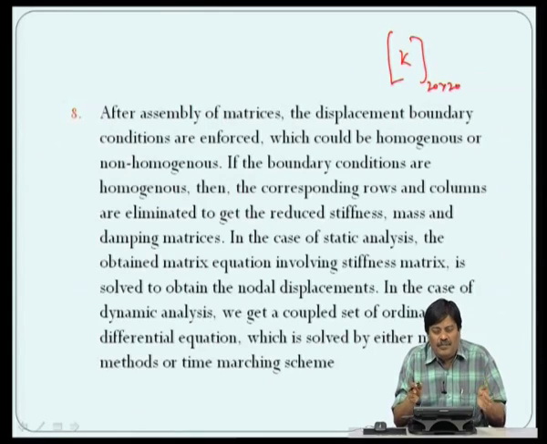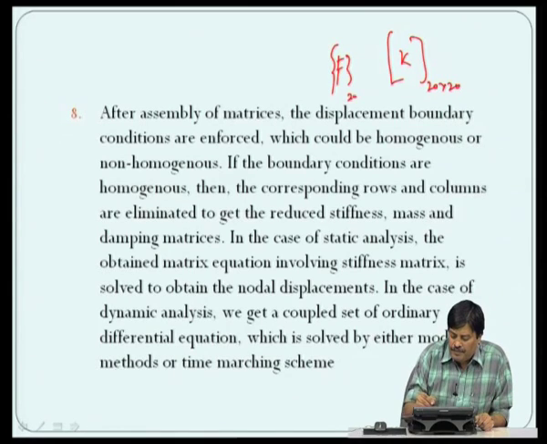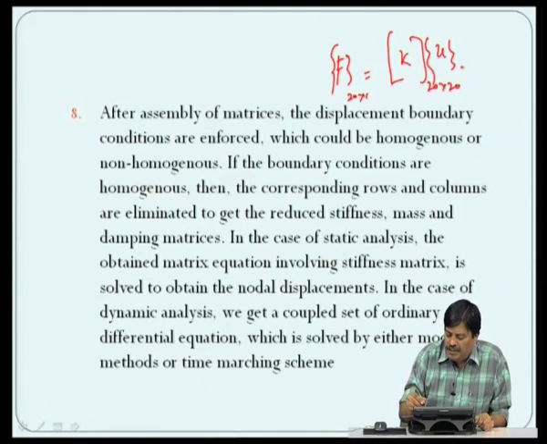In that 20 degrees of freedom, you cannot solve it without applying the boundary condition, because this matrix will be singular. So, basically you will have your force vector F, which is 20 by 1, equal to K into u, which is 20 by 1.